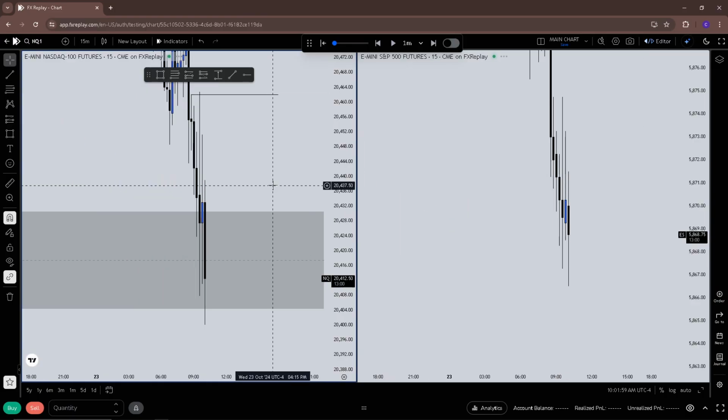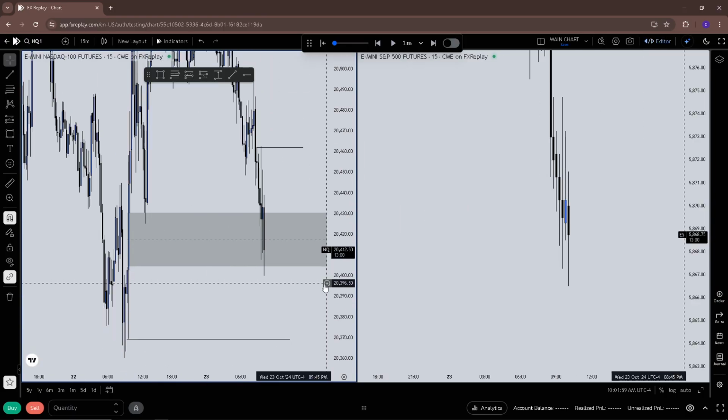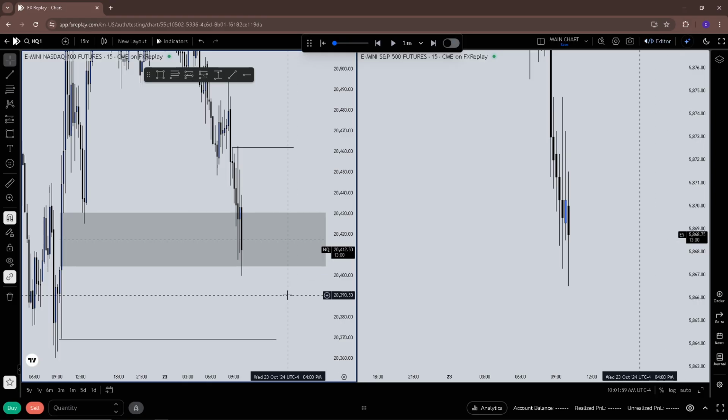There we go. Accumulated. Now we're manipulating. Take out this low inside this 15 minute.